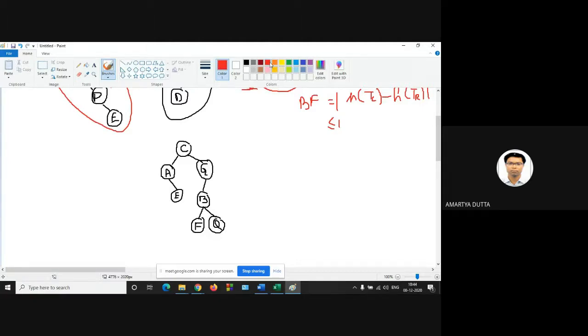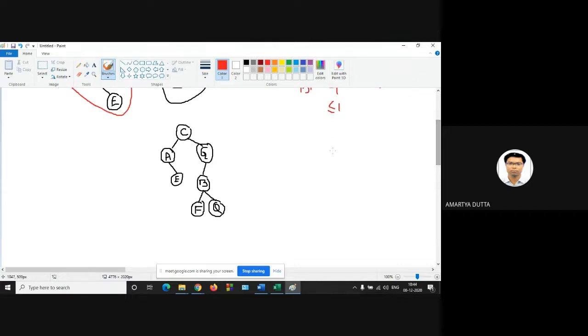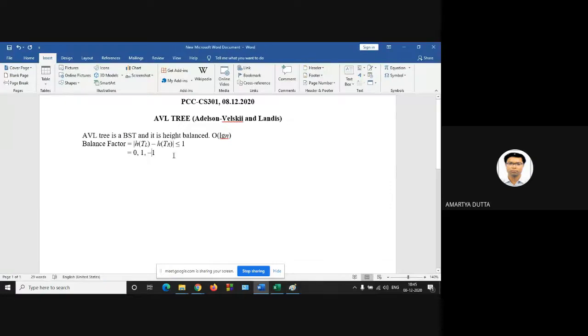Now how to calculate the balance factor of each node? You have to start from the leaf node. This is the first rule: start from the leaf node. How to calculate the balance factor?